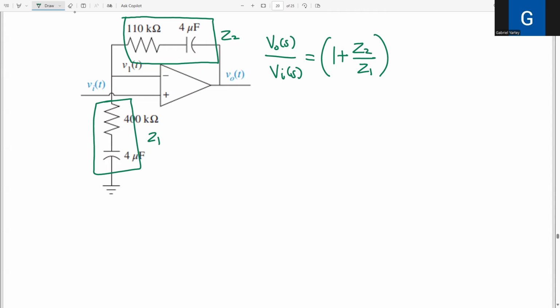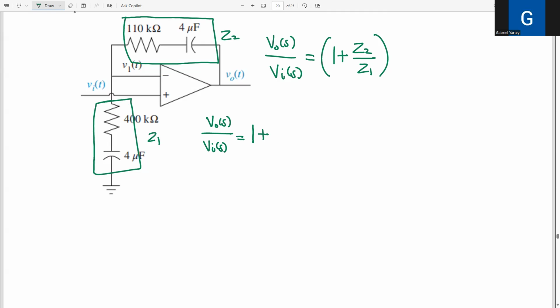Right? Okay, wait. So the transfer function V of S over Vi of S is going to be 1 plus Z2. The Z2 is going to be the sum of this and that. When you convert this 110 kilo ohm into its Laplace transform, since it's a resistor, it doesn't have any effect.